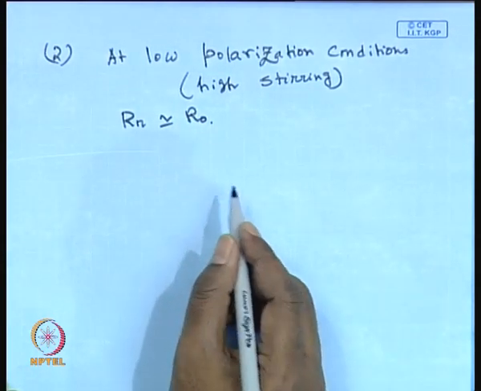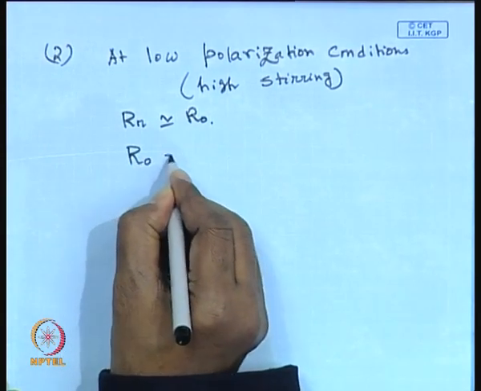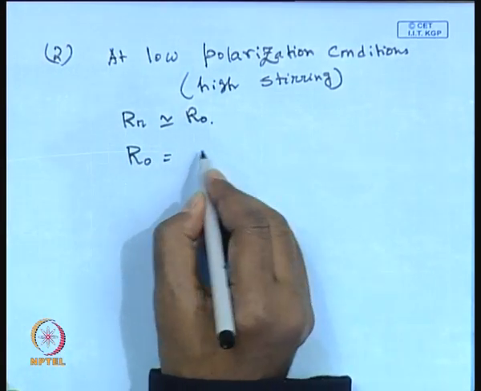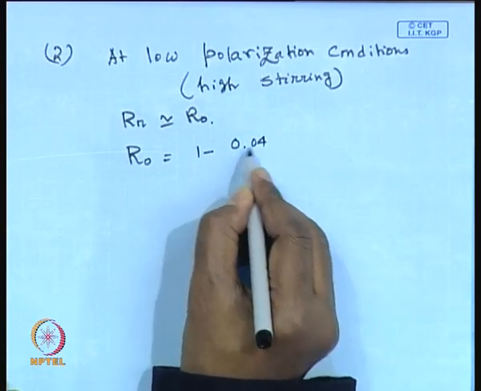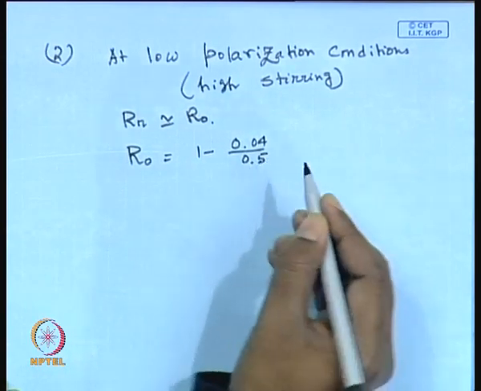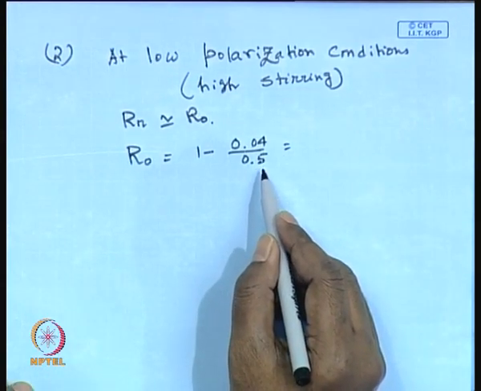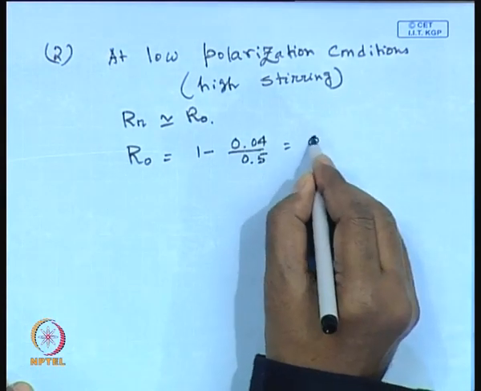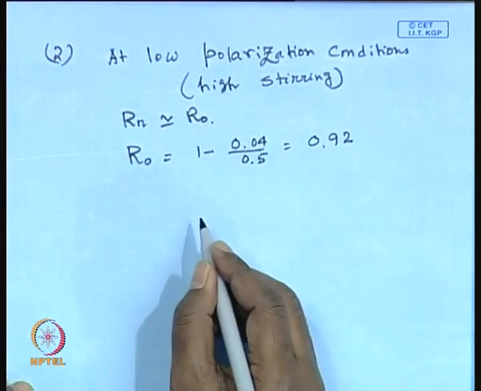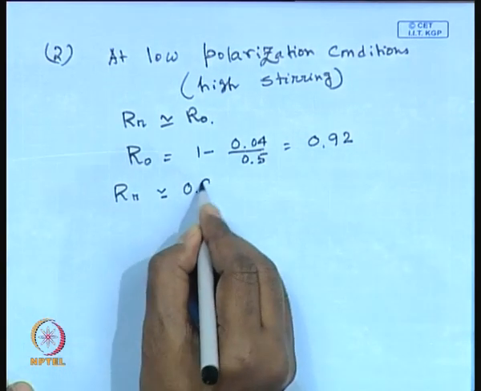The permeate concentration and the feed concentration are given, so you can calculate the observed retention: 1 minus 0.04 divided by 0.5. 0.5 kg per meter cube was the feed concentration and 0.04 kg per meter cube was the permeate concentration, and this turns out to be 0.92. So, real retention for this particular membrane is about 0.92.